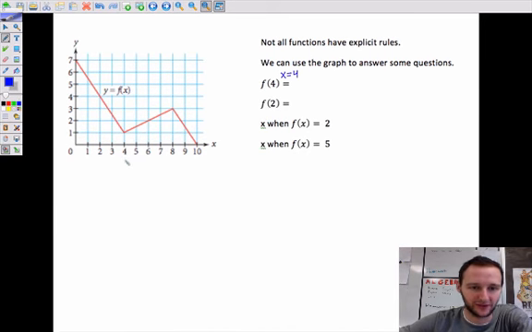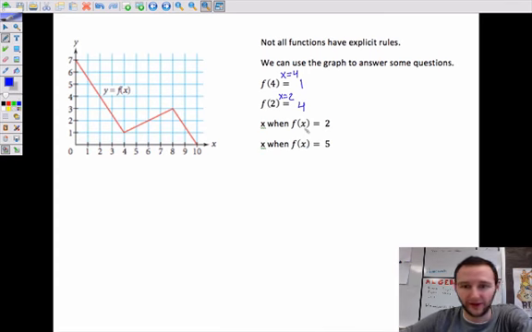So I look where x is 4, and I look up, and f of x is this line, and f of x at this point is 1, so f of 4 equals 1. For f of 2, x equals 2, so I follow it up and find that on the y-axis it is 4, so f of 2 equals 4.